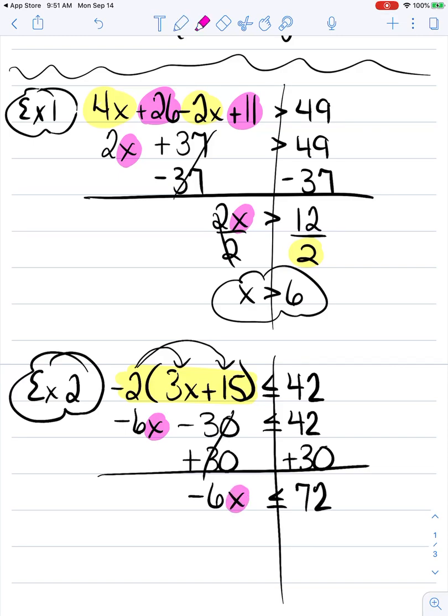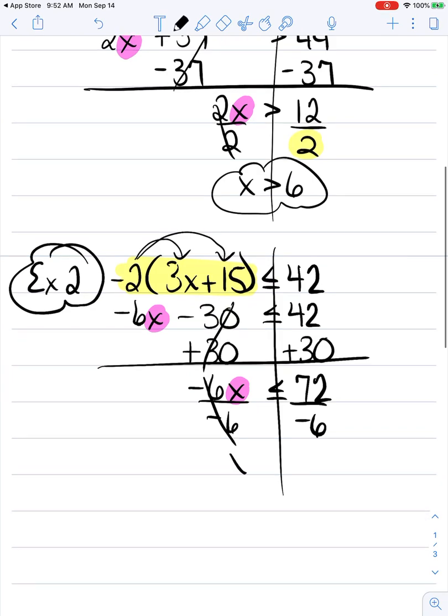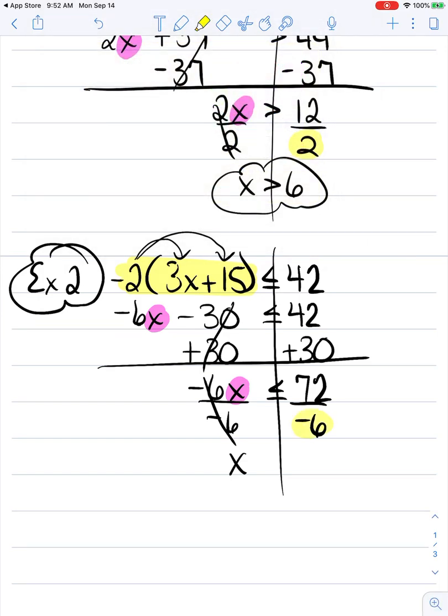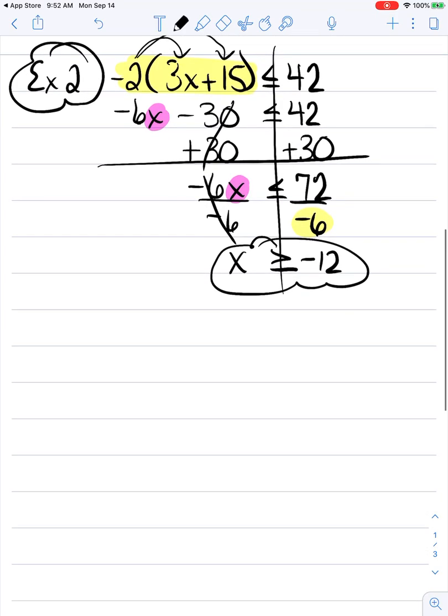I still have something with the variable, so I'm going to divide both sides by negative 6. So x is, now since I divided by a negative, I'm going to go ahead and flip that inequality sign. And 72 divided by negative 6 is negative 12. So x is greater than or equal to negative 12.